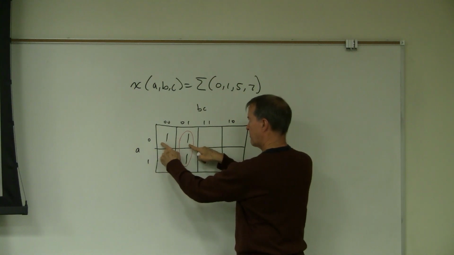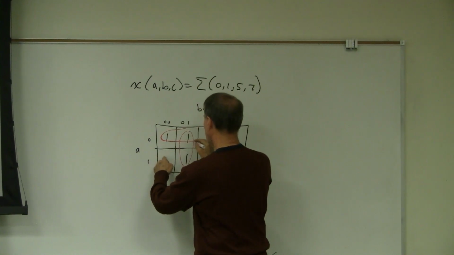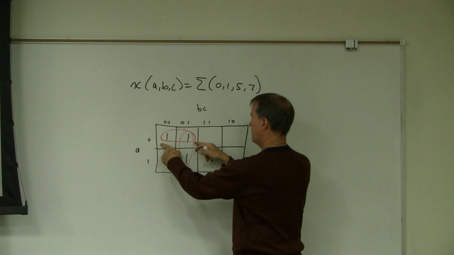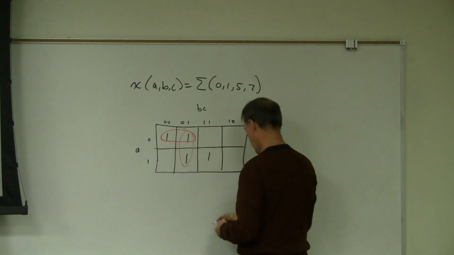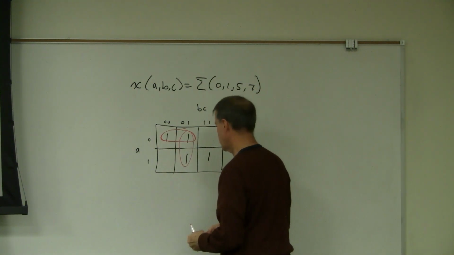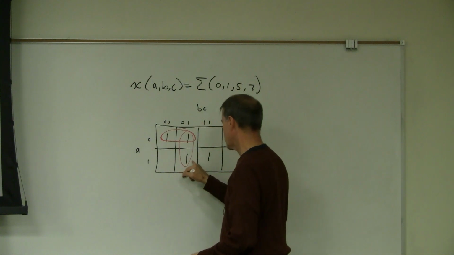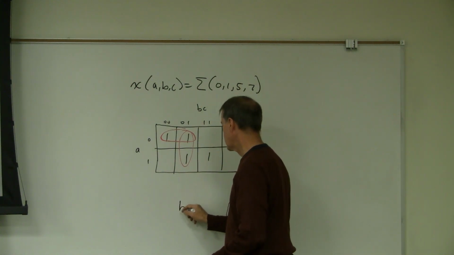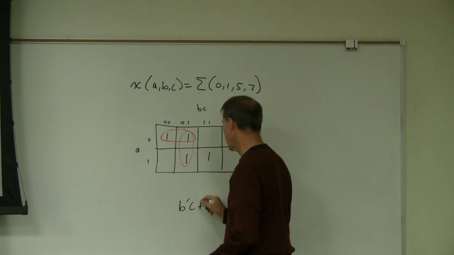These two would be A prime, B prime. So the middle, what did we say the column was? B prime C. And then what was this one?